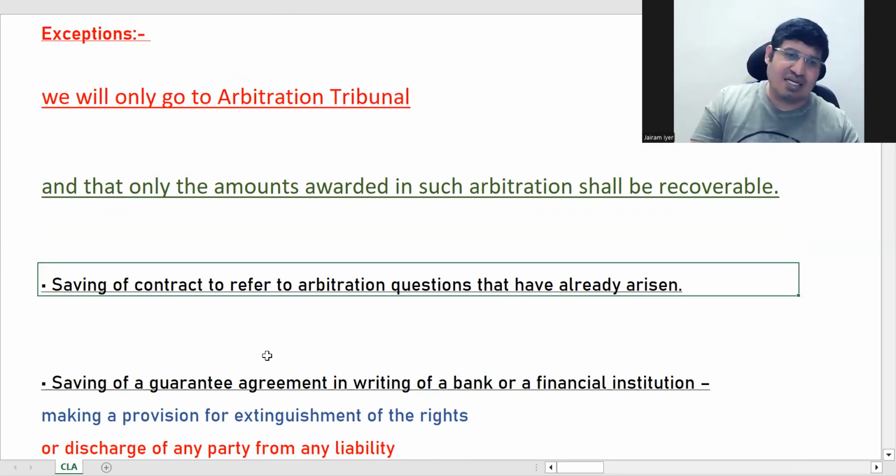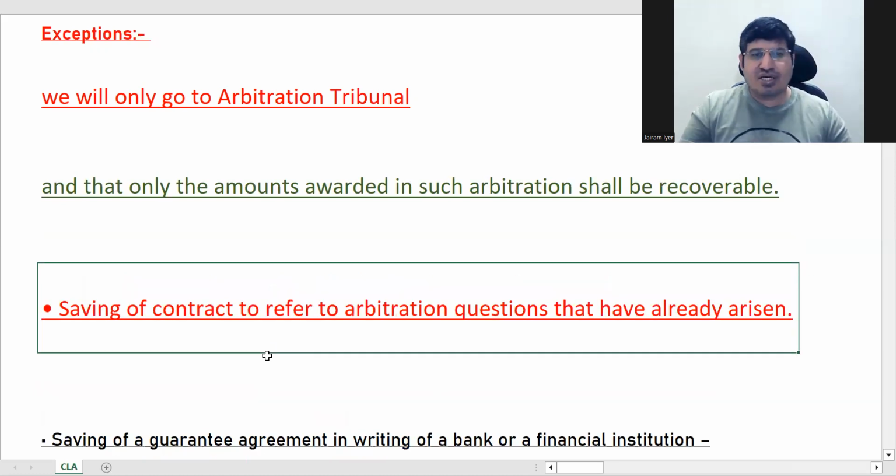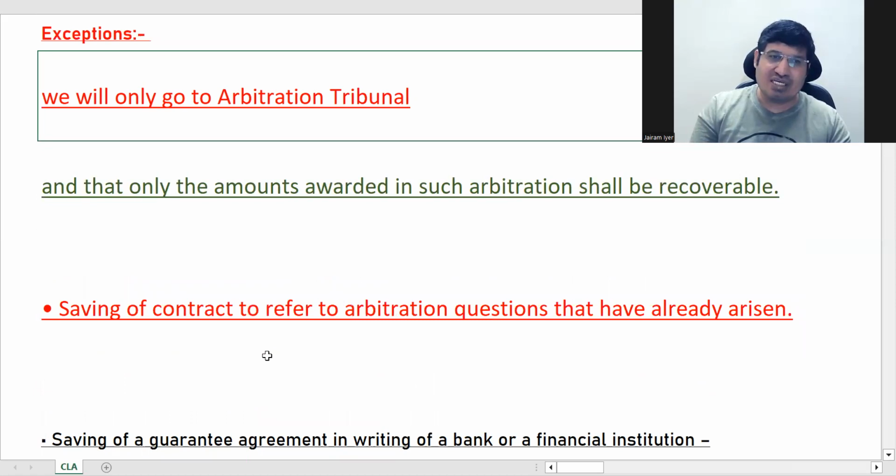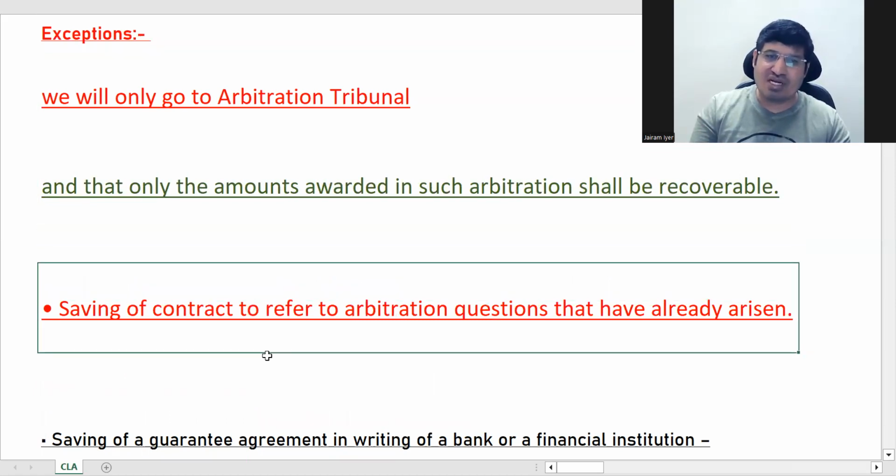And then this one, saving of contract to refer to arbitration questions that have already arisen. This is the same as your first point. So you can also say that whatever in the past arbitration has decided, if that dispute comes up again, we will only go to the arbitration tribunal.